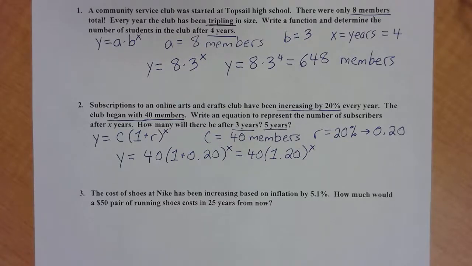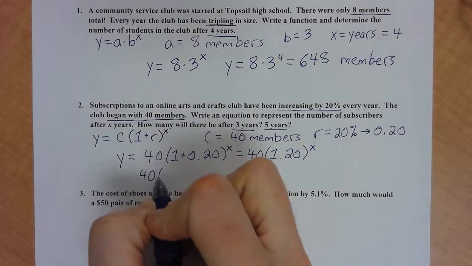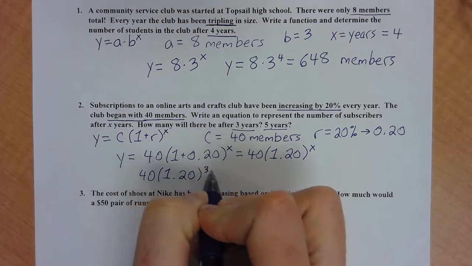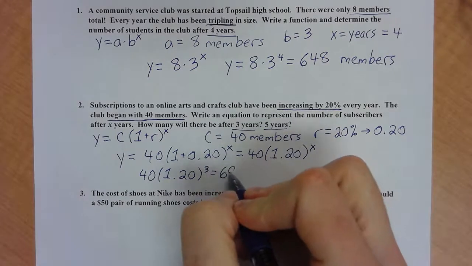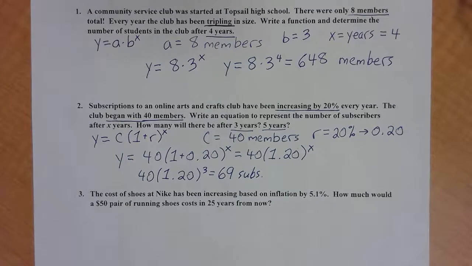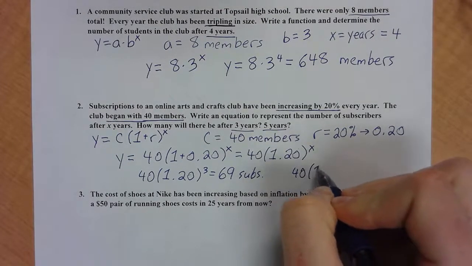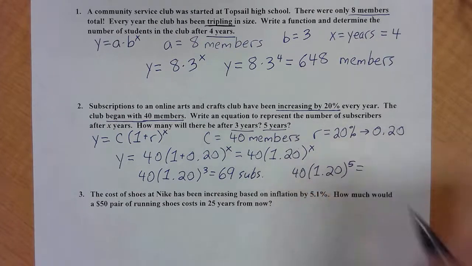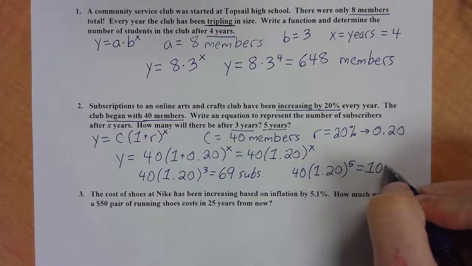Our two answers that we'll end up finding would be one where X is 3, which if we place that in our calculator, we would know there are 69 subscribers. And for the second part for 5 years, we would be able to find 40 times 1.20 to the 5th power. And that is going to give us 100 subscribers.